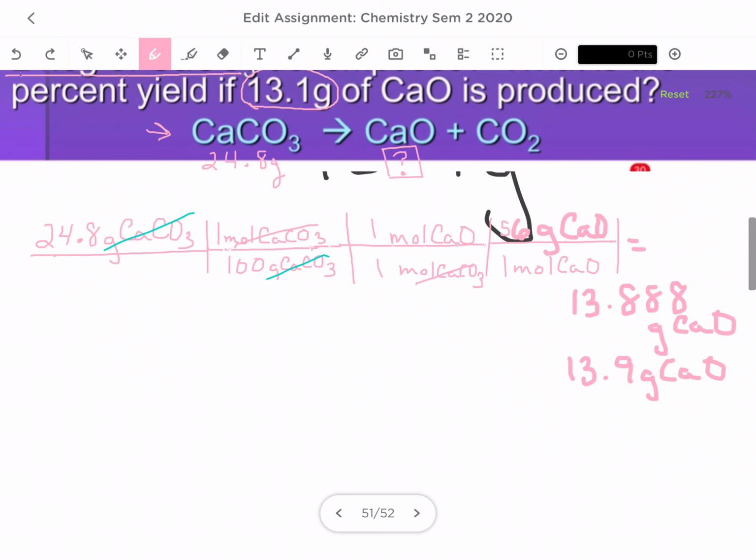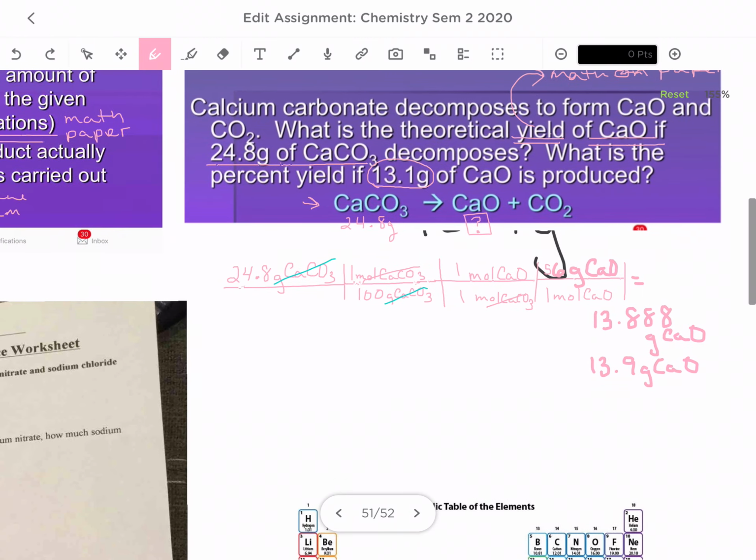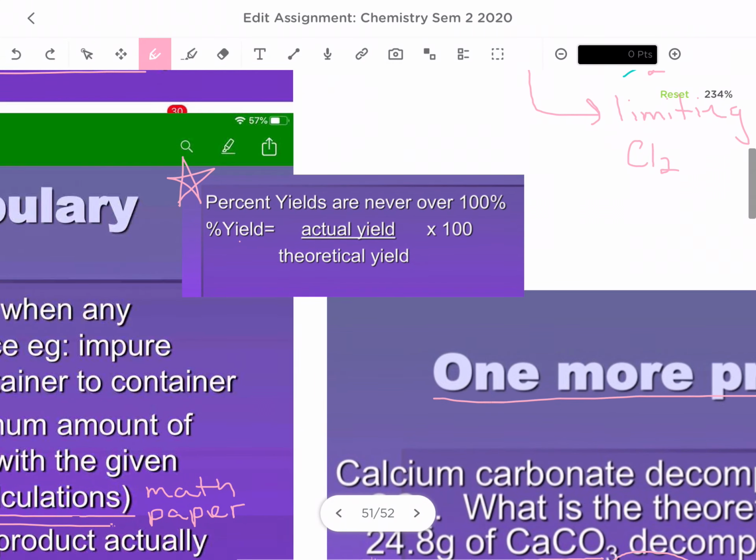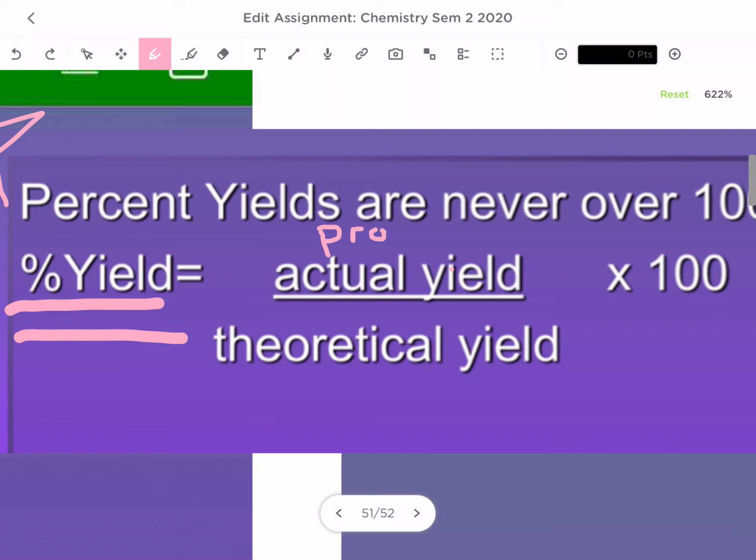Now, the rest of this problem says, what is the percent yield? So if we look at percent yield, here's your equation up here. It says the percent yield is the actual divided by the theoretical times 100. Now, the actual is always given in the problem, and the theoretical is what you get from doing math.